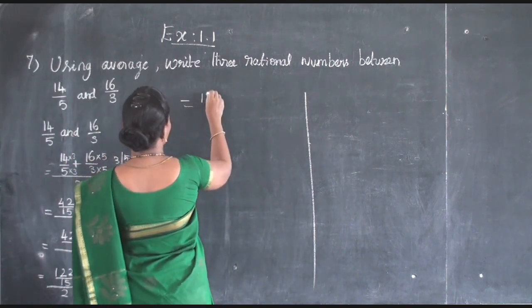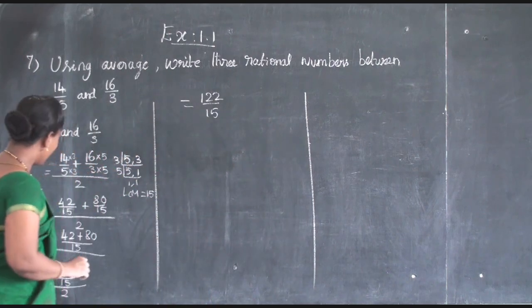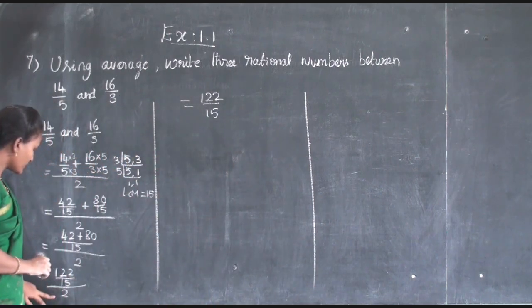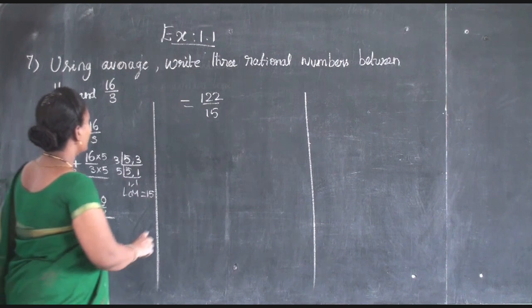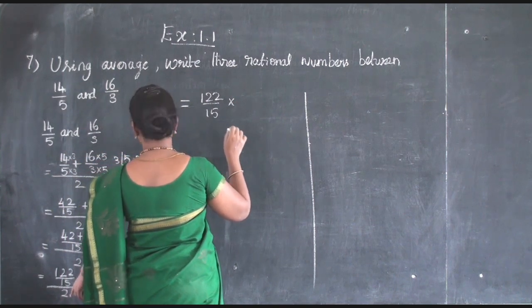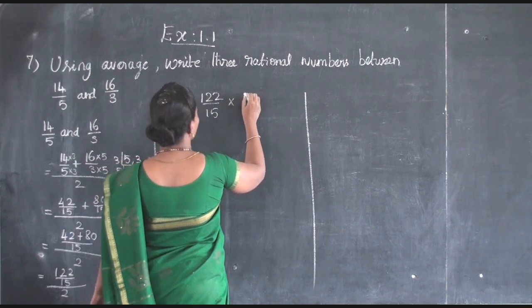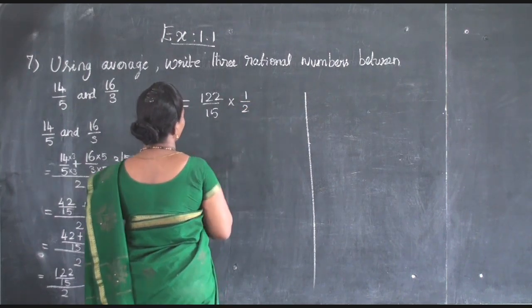Now 122/15. Two fractions in division means change in multiplication. One condition is there. Take reciprocal to the second fraction. So 1 by 2 is the reciprocal.